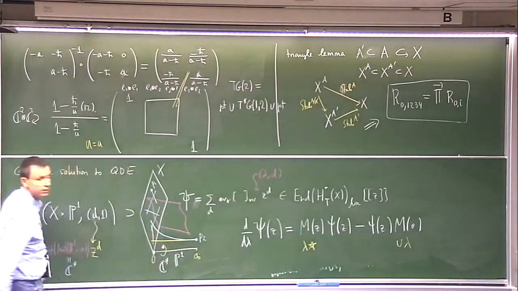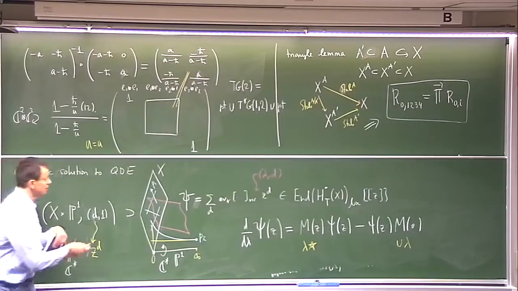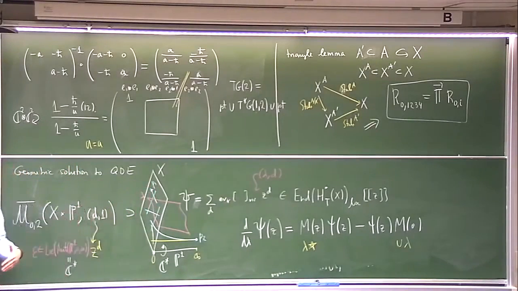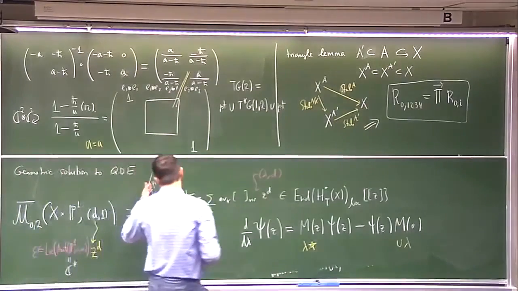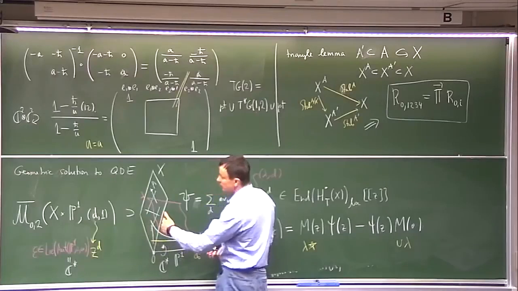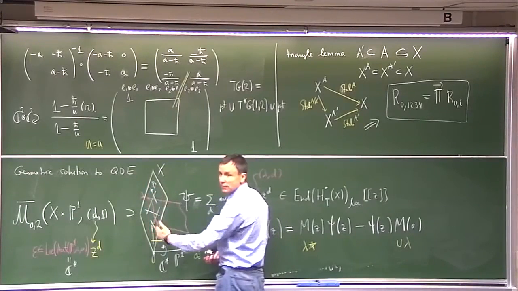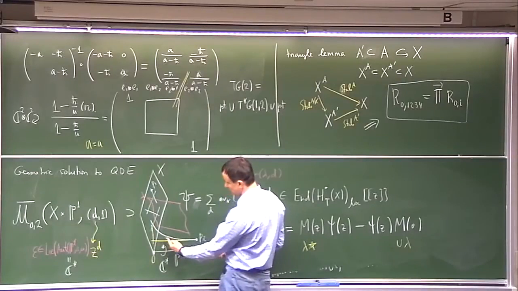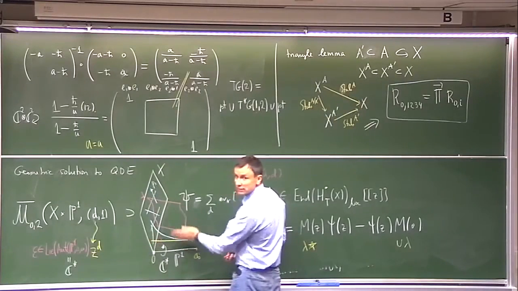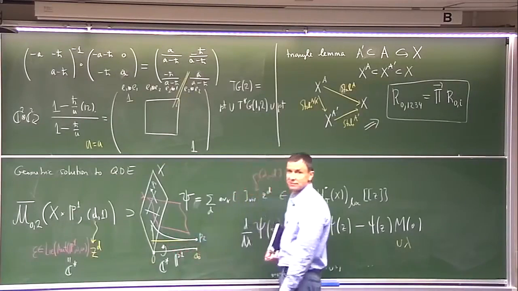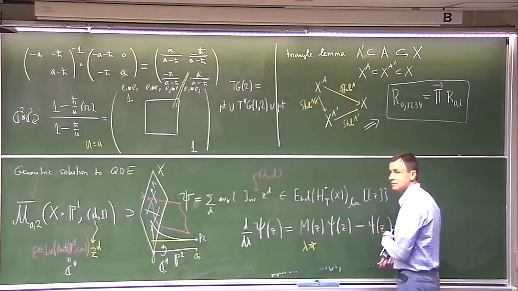So take some divisor on x, lambda, and you pull it back on this space and hit the curve. And so then what's going to happen? In this part near this marked point, it looks like a quantum product, right? Because you take a curve and you hit it with a divisor. And near this marked point, there's nothing quantum about it. It's just a classical multiplication. And this is not.